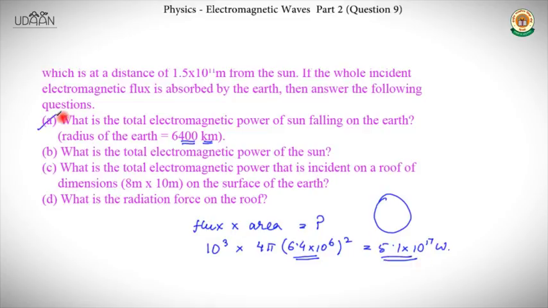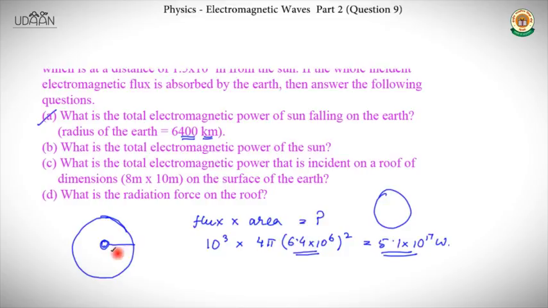The B part says, what is the total electromagnetic power of the sun? The total electromagnetic power of the sun is given by, if this is the sun, we'll consider the sun at the center, and this would be the sphere where we know the flux at a distance of 1.5 into 10 raised to power 11 meters. So this is a sphere with a radius of 1.5 into 10 raised to power 11 meters.